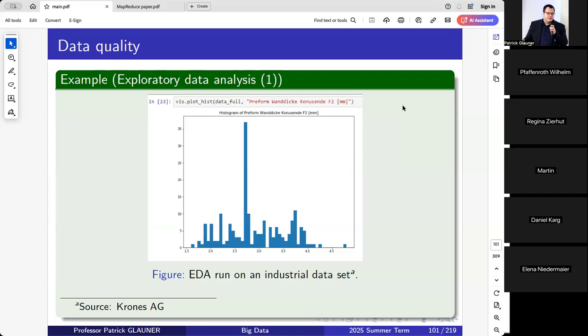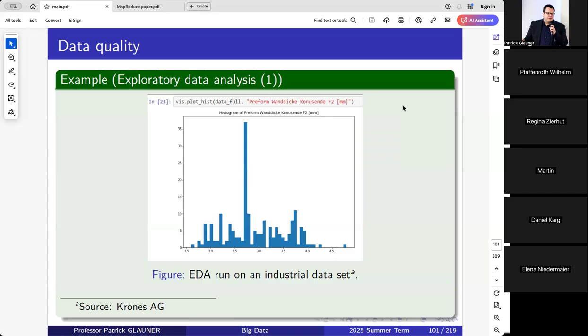And we see there seems to be a huge peak at around 2.7 millimeters. There are some very thin preforms and some super thick ones. The average is around 2.7, and there's the mode, so this peak.